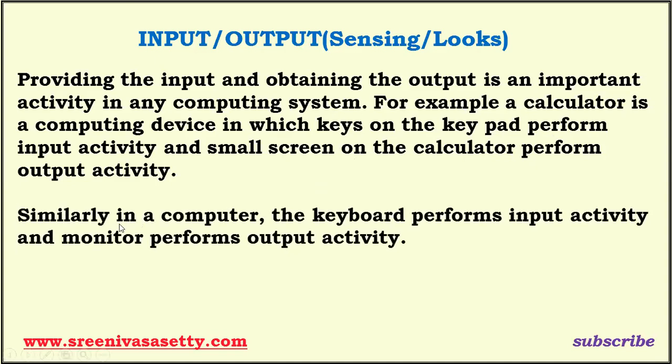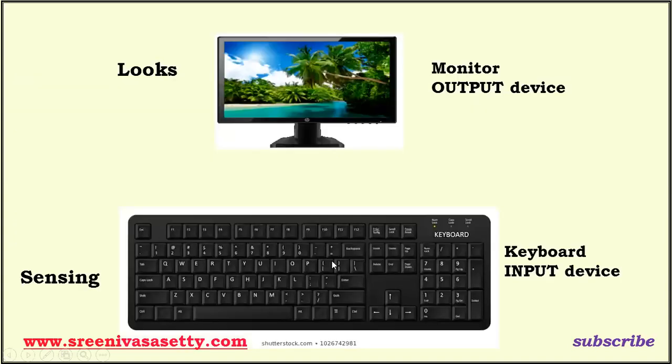In a normal computer, the keyboard performs the input activity and the monitor performs the output activity. Therefore, we need something to get the data from the keyboard. Then after manipulation, we need some menus, statements, blocks to display it on the monitor. That is nothing but the output device. So in general, the monitor is the output device and the keyboard is an input device.